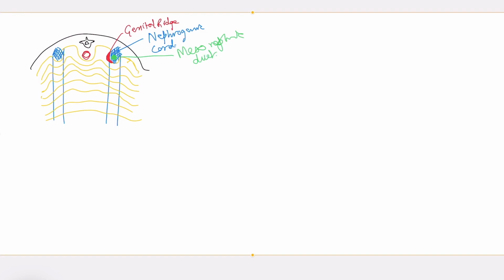Now this is going to form the duct system of the ejaculatory pathway in males, like vasa efferentia, epididymis, vas deferens, seminal vesicles, ejaculatory ducts, and even the prostatic portion of the prostatic urethra, posterior portion.